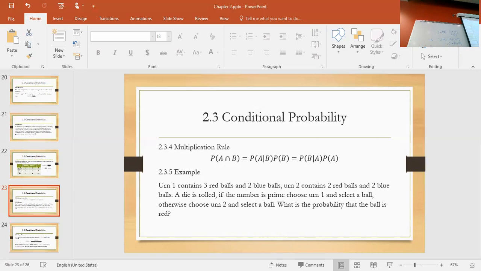We are going to say that A1, the first card, is an ace, and A2, the second card, is an ace. So event A is A1 and A2, which is A1 intersection A2.